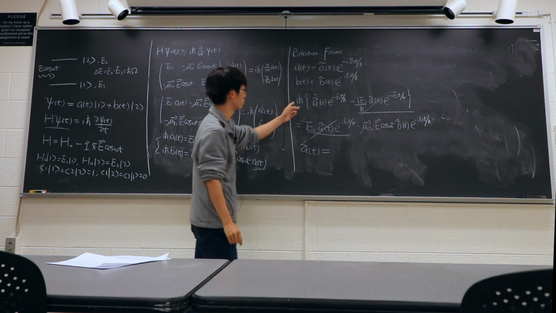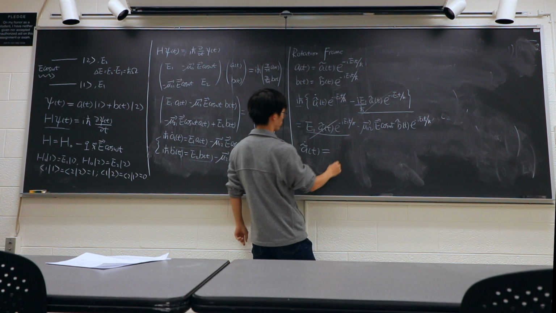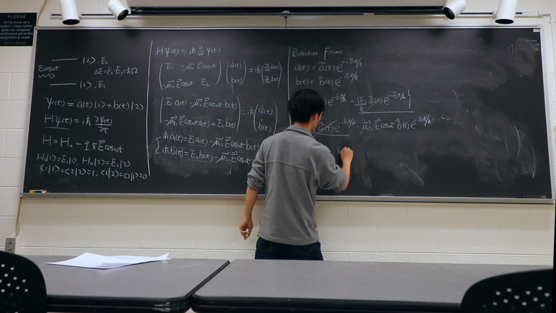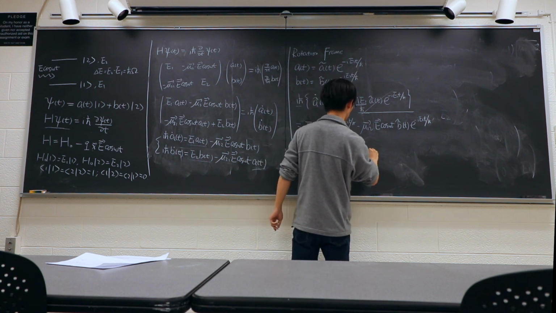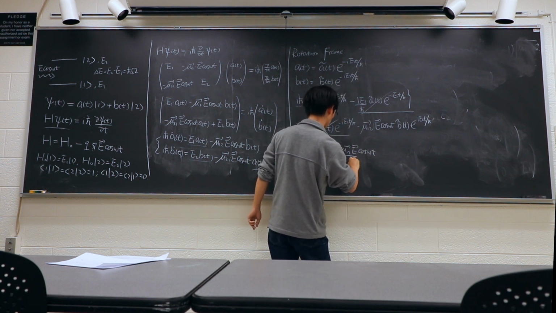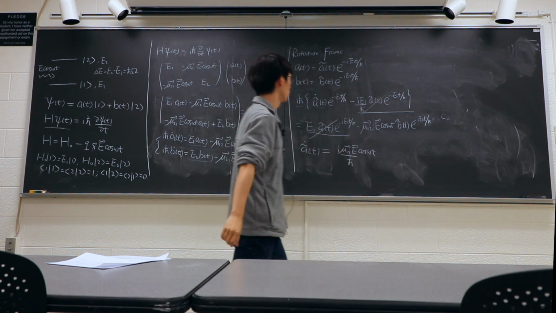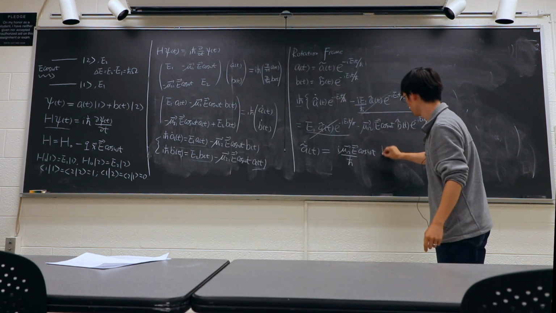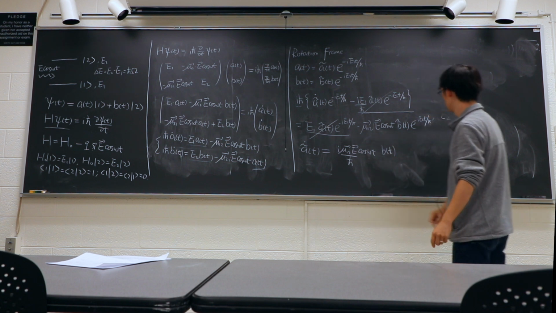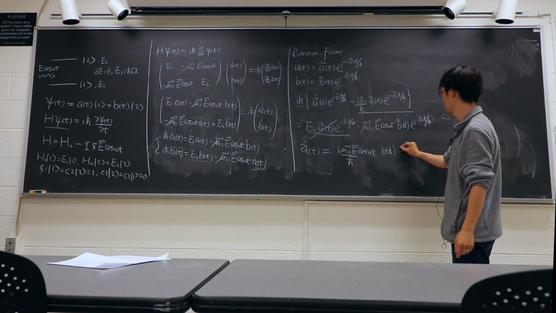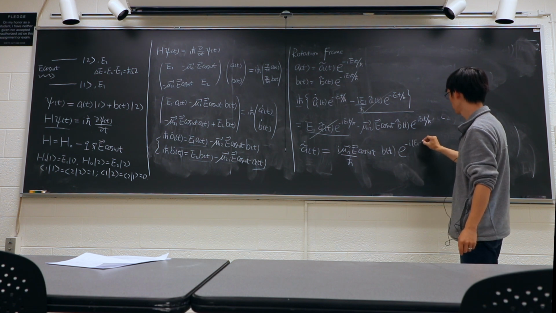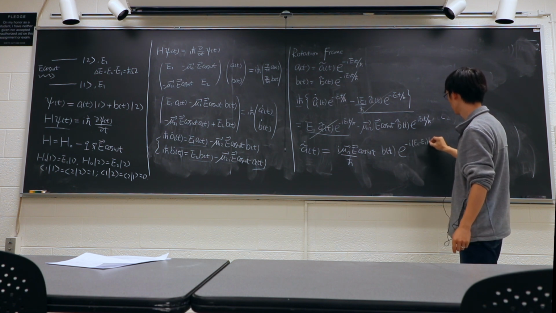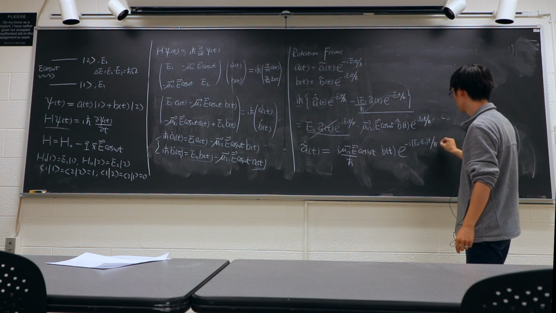And you end up with i mu 1 2 E cosine omega t over h bar, and then Bt, and then e to the minus i E2 minus E1 t over h bar.